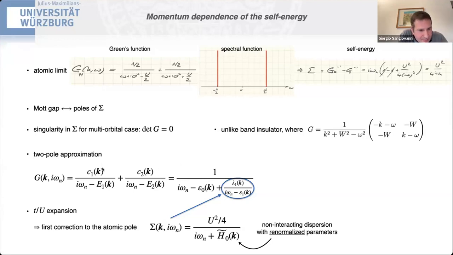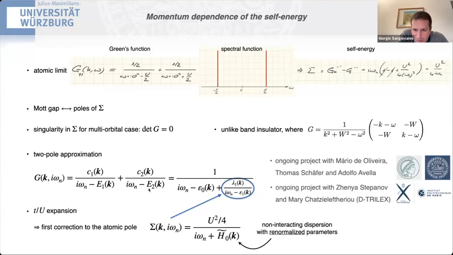Now here I have made two assumptions. The first one is this two-pole approximation, and the second one is this t over U expansion. Both we are going to test and extend in these two ongoing projects, which I would like to mention.